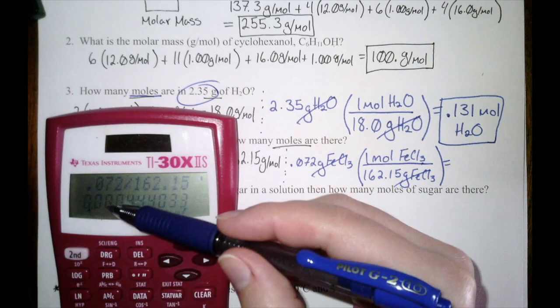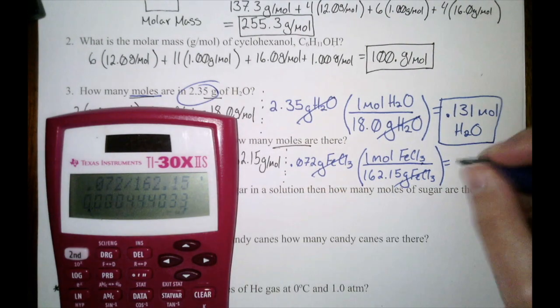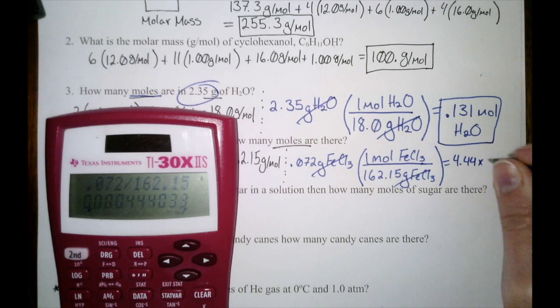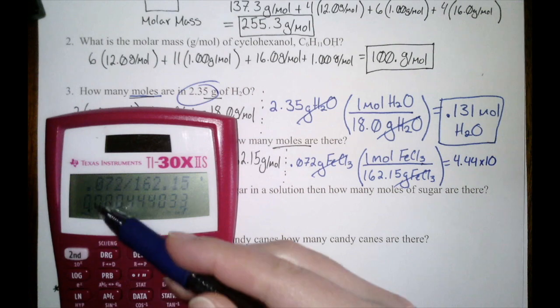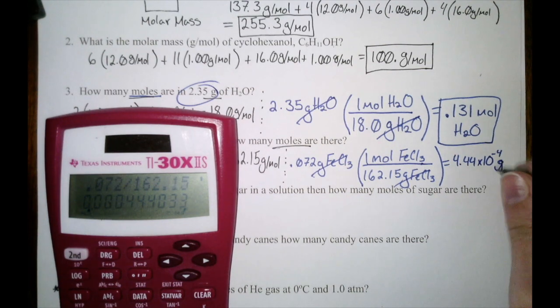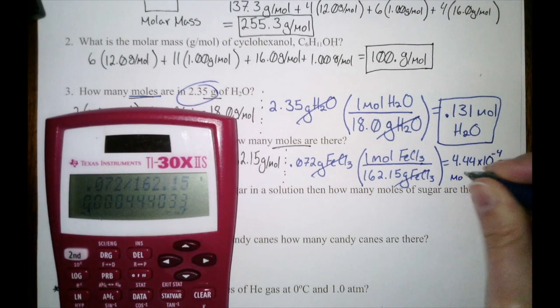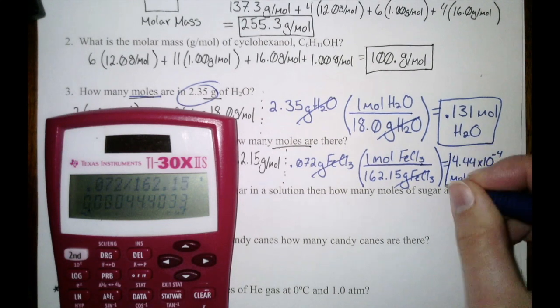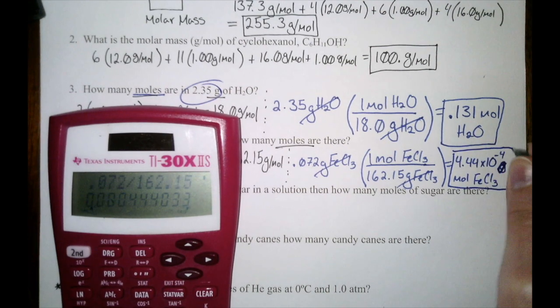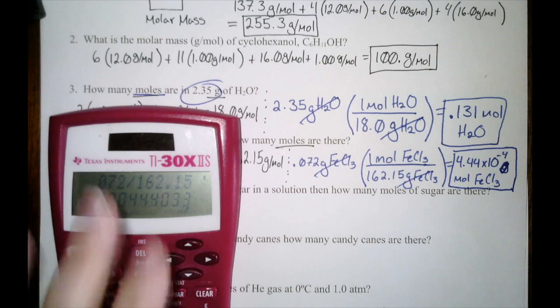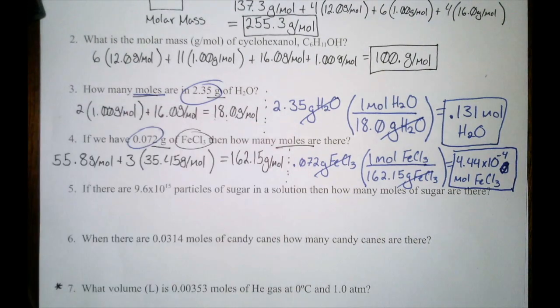So it's going to become 4.44 times 10 to the negative fourth grams, or not grams, moles of iron(III) chloride. Anytime you have a really big or a really small number, you should just automatically put it in scientific notation.